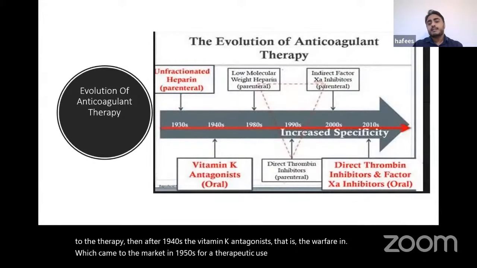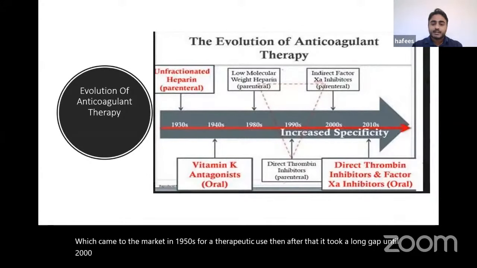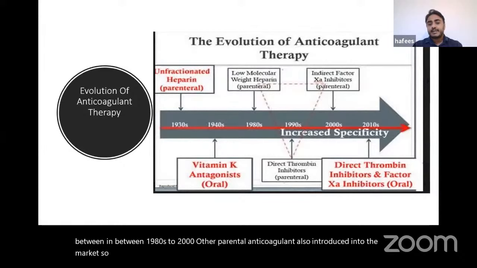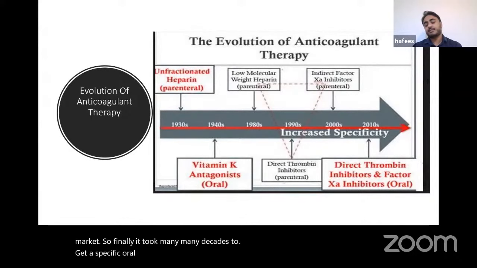Then after that, it took a long gap until 2010; no other oral anticoagulant came to the market. In between 1980 and 2000, other parenteral anticoagulants were also introduced. So finally, it took many decades to get a specific oral anticoagulant after warfarin.